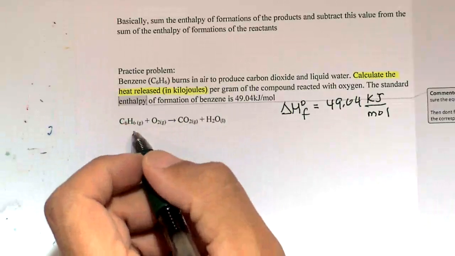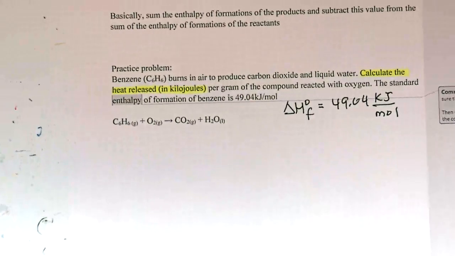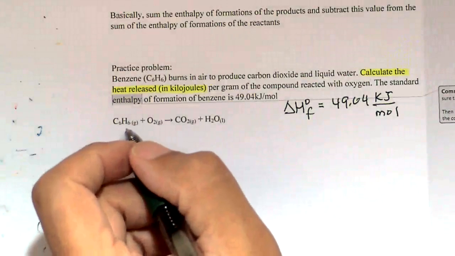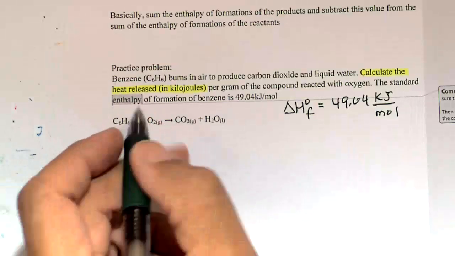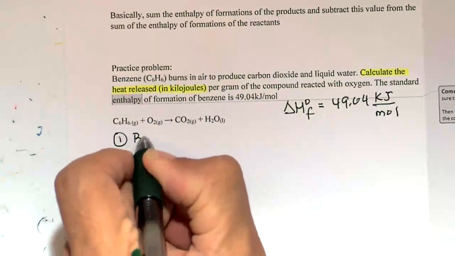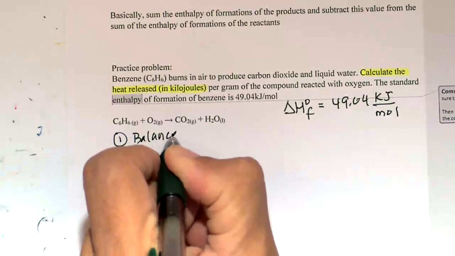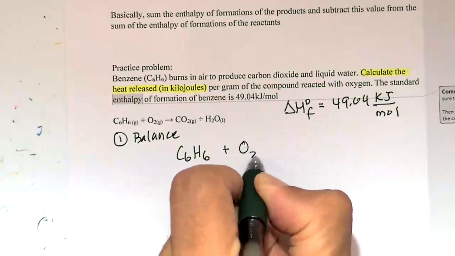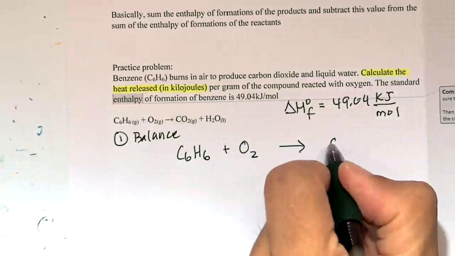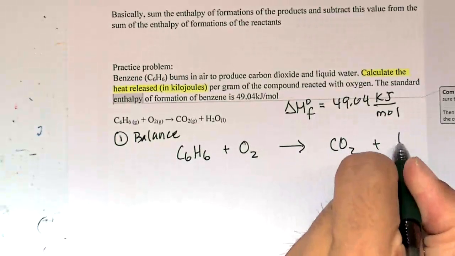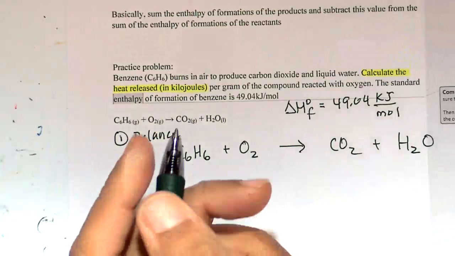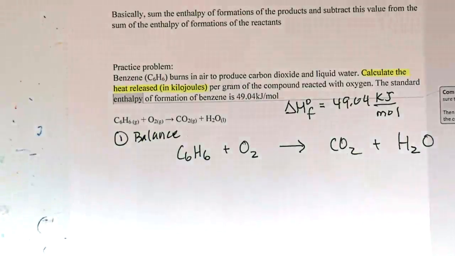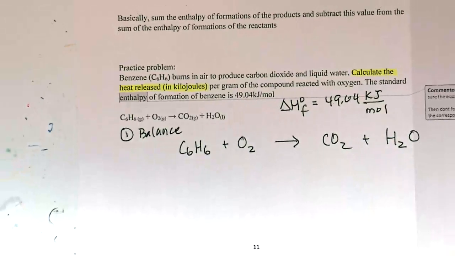First thing we want to do here is our equation. This is the combustion of benzene, C6H6. The first thing we want to do is balance this equation. So let's balance this.